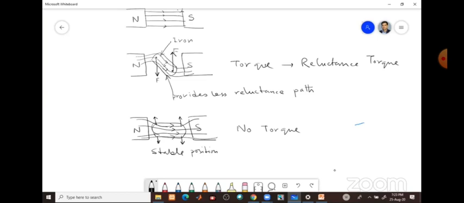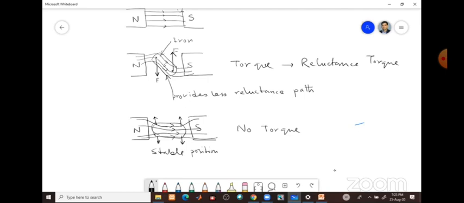Now you will ask me how I can use this reluctance torque to create a constant rotation of the rotor. It's very easy to experiment.